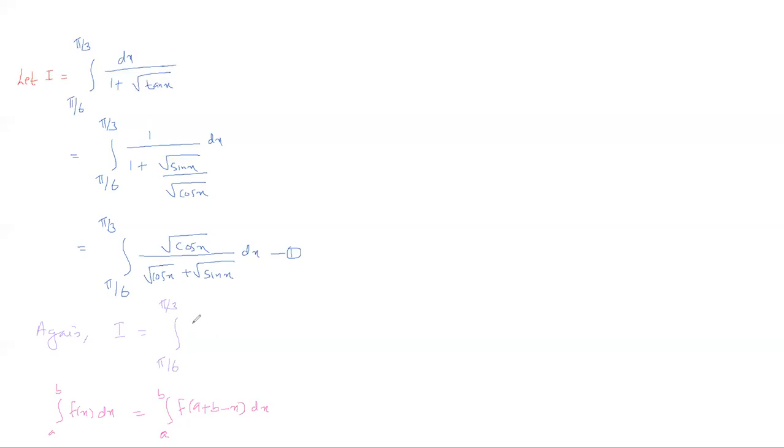This is equals integral. So root cos x के जगह पाई बाय 6 प्लस पाई बाय 3 माइनस x लिखा, the whole divided by root cos pi by 6 plus pi by 3 minus x plus root sin pi by 6 plus pi by 3 minus x dx. कुछ नहीं किया, x के जगह लोअर लिमिट प्लस अपर लिमिट माइनस x दे दिया.